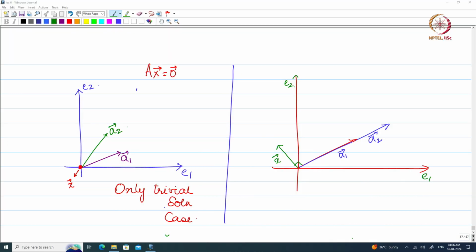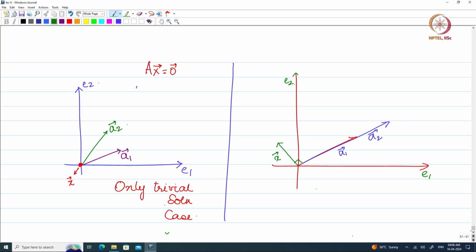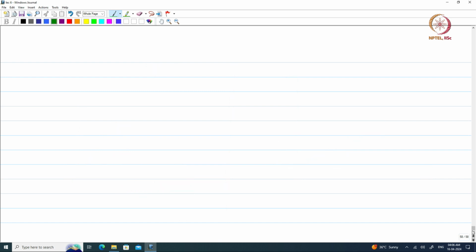The other way of looking at all these things is to look at Ax equal to b, again a 2 by 2 system: A is 2 by 2, x is 2 by 1 and b is 2 by 1. We have seen that in some cases the matrix A transforms the x vector to the 0 vector, and in some cases to some other b vector.